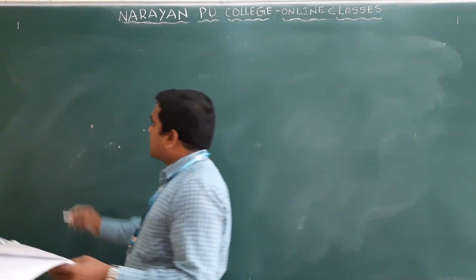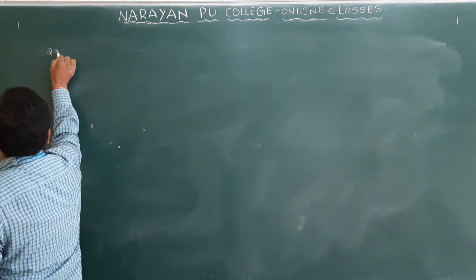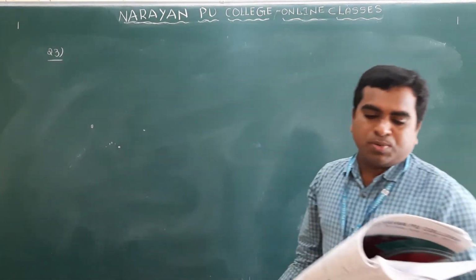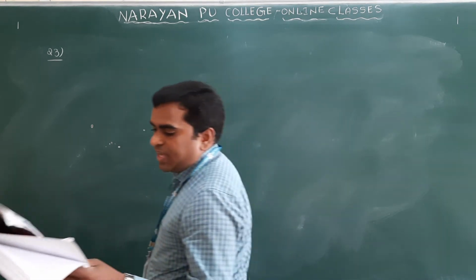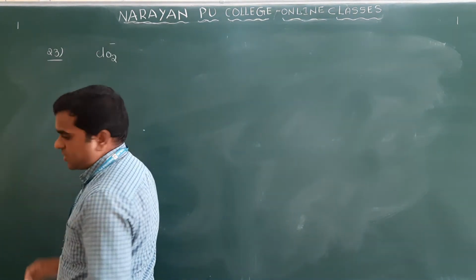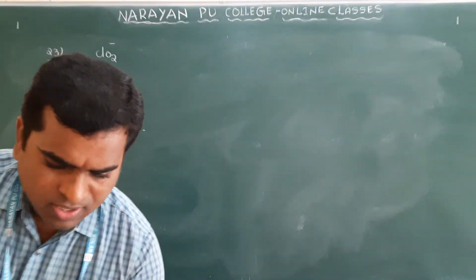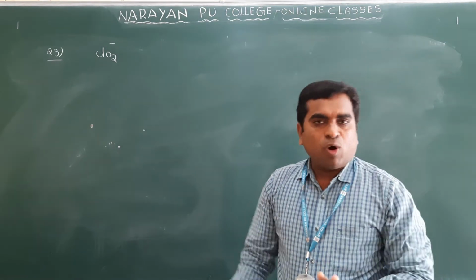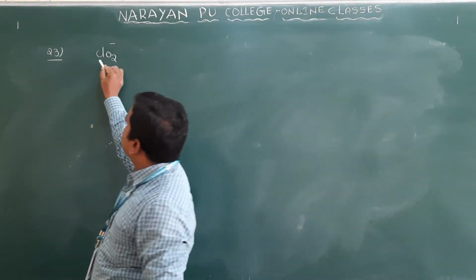Next one. Question number 23. They are asking the type of hybrid orbitals used by the chlorine atom in ClO2 minus. Just now I mentioned a small trick for how to calculate the hybridization. Which one is the central atom here?